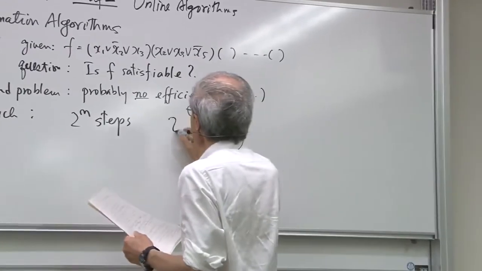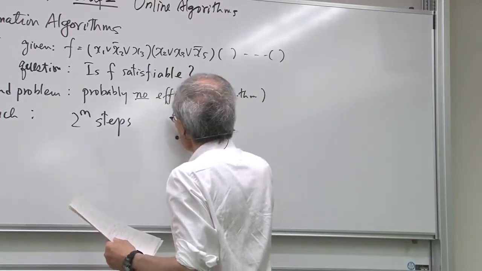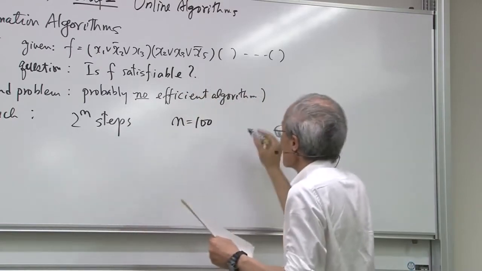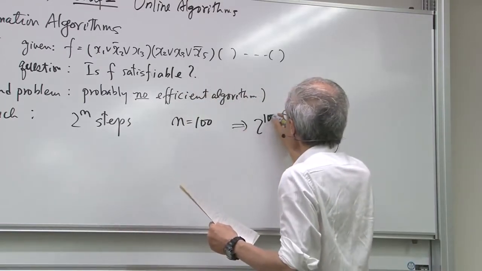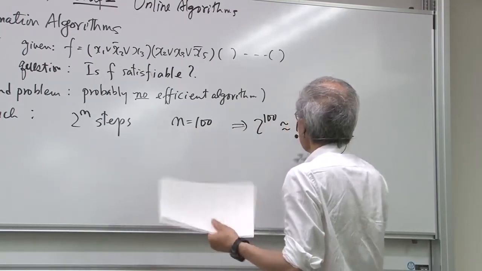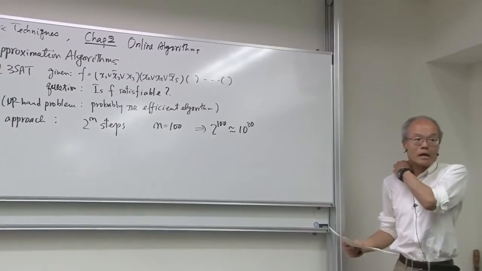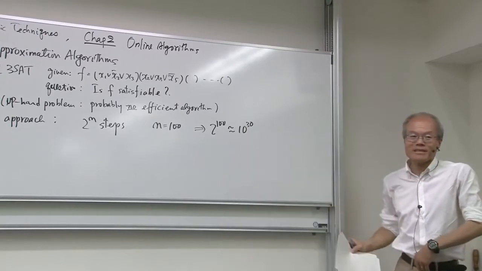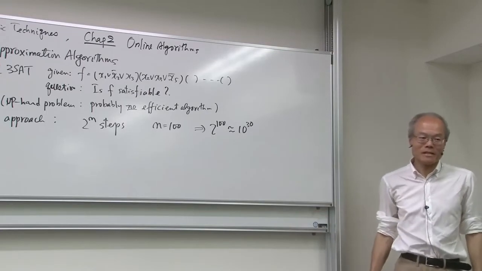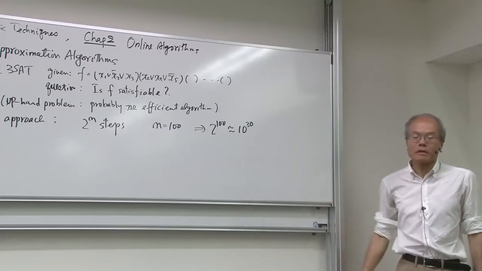For example, 2 to the 100, if n is equal to 100, is something like 30 digits. This is too much for any computers. Okay. So we can't do that.